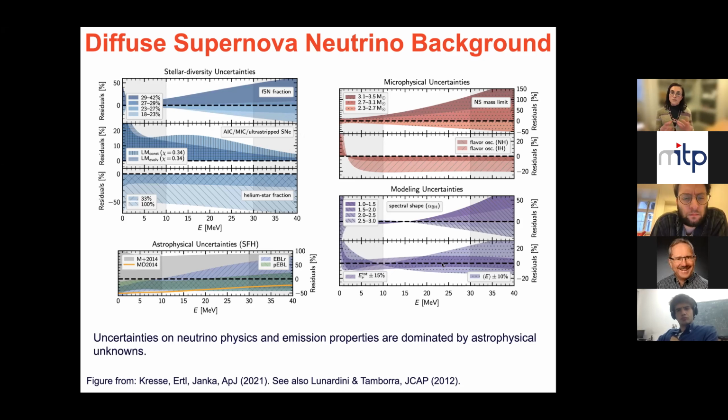So if we want to use the DSNB as a probe to learn about weak interactions, standard or non-standard, we need to make sure either to look for signatures that can be distinguished despite the astrophysical uncertainties on the signal, or these have to be very specific signatures, for example in energy, like modulations of the signal, that could be easily discriminated from the other astrophysical uncertainties that are still present at the moment on the signal.